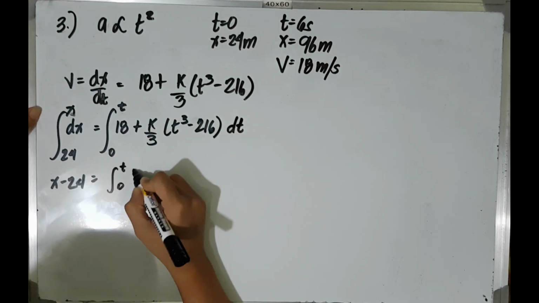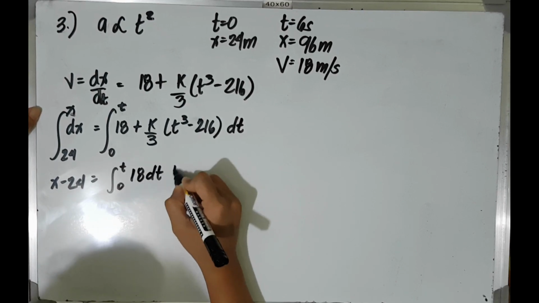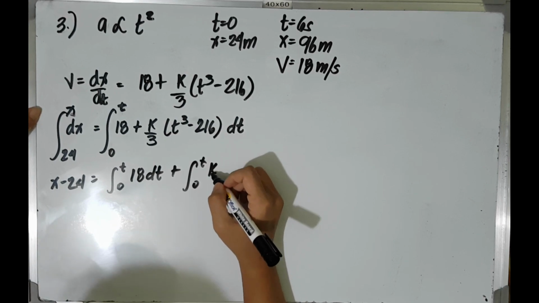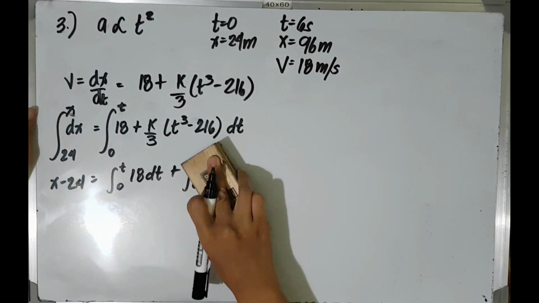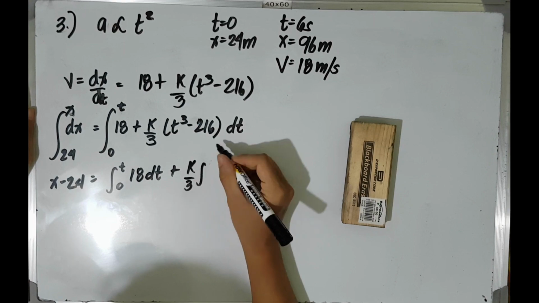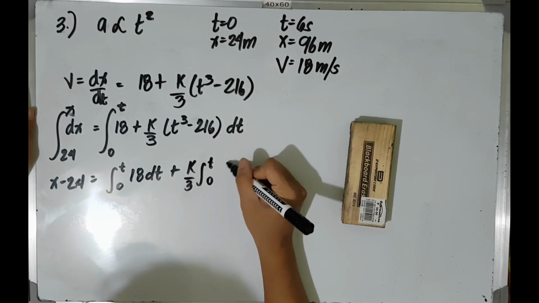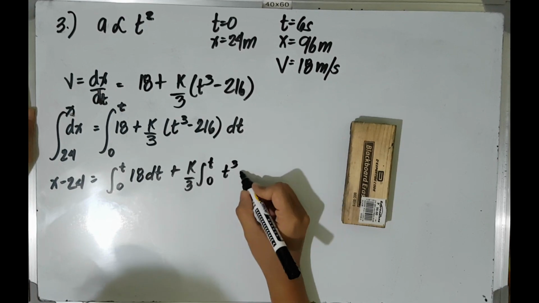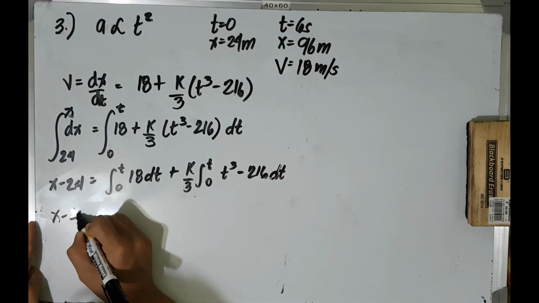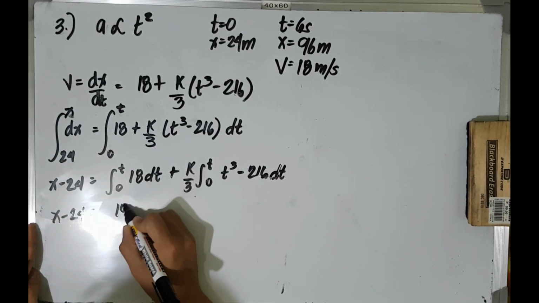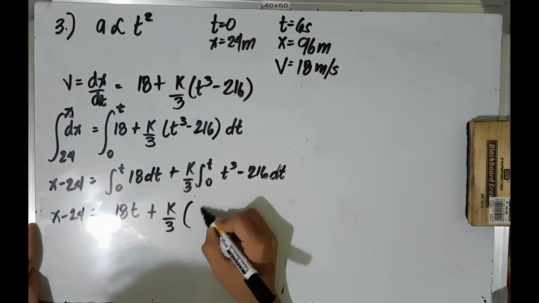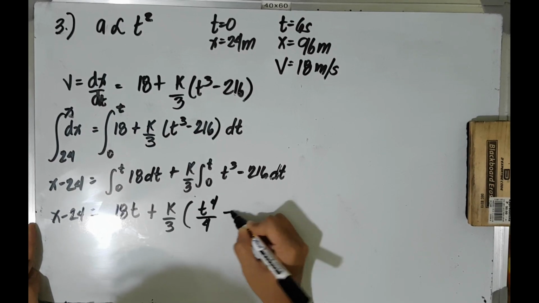So I will just distribute, plus we can take out k over 3 since it is a constant, of t raised to 3 minus 216. And integrating the right part, so 18t plus k over 3 of t raised to 4 divided by 4 minus 216 multiplied by t.